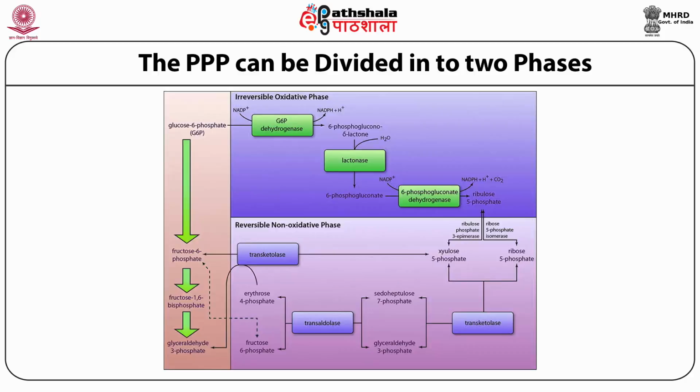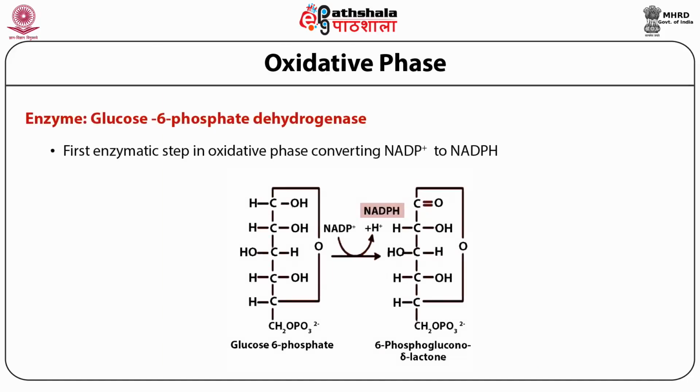During the third step, a series of reactions occurs which convert 3 pentose 5-phosphates into 2 molecules of hexose and 1 molecule of triose. During the fourth step, some of these sugars are converted into glucose 6-phosphate, so the cycle can be repeated. Here, the oxidation reaction occurs at the C1 position.